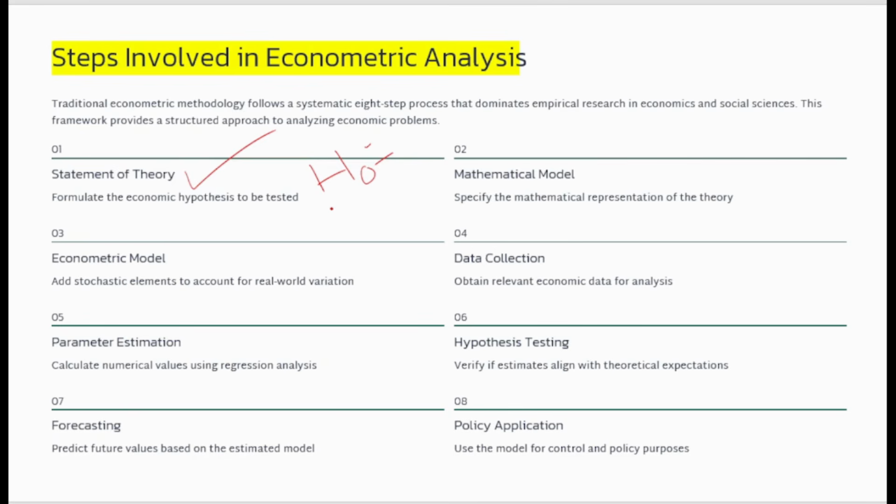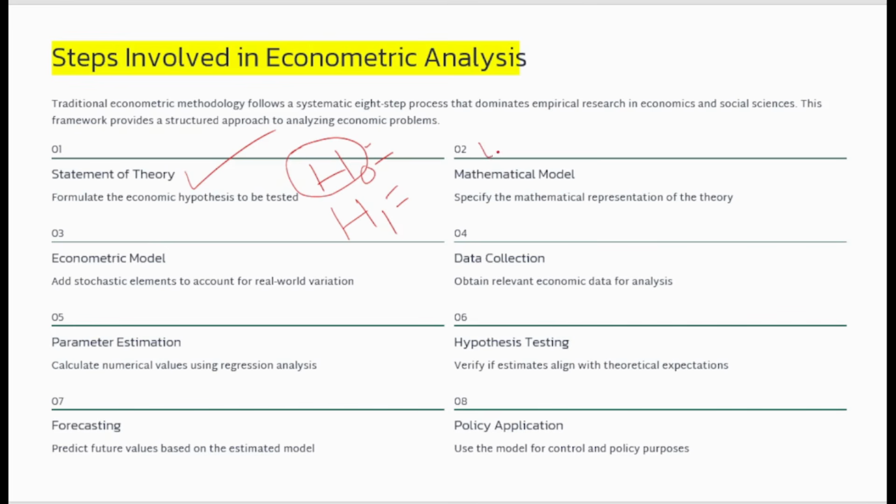On the other hand, the alternative hypothesis, expressed as H1, tells you that price is having a significant and negative impact upon the quantity demand. So here we need to test whether H0, the null hypothesis, is rejected or not.